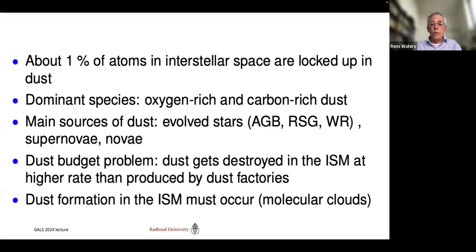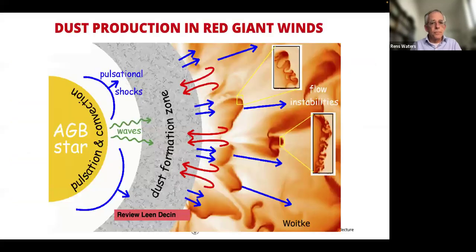So that means that there must be a site of dust formation in the ISM, and that's very likely where the densities are high and molecules and atoms can stick to pre-existing dust particles, and those are molecular clouds. Although it's not fully understood how that works, this is the general idea: that molecular clouds are important also for dust production.